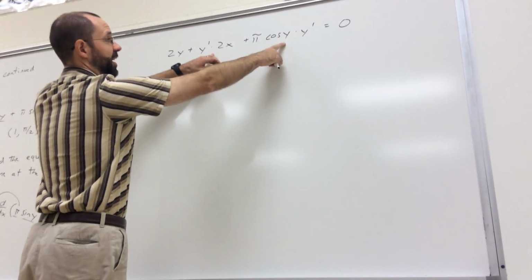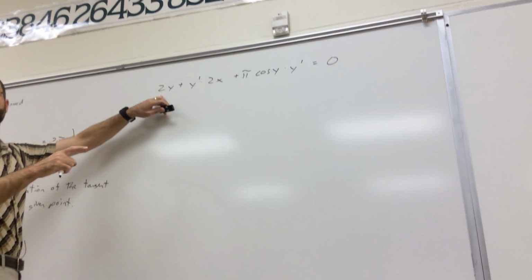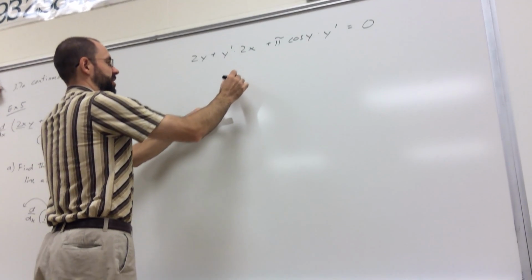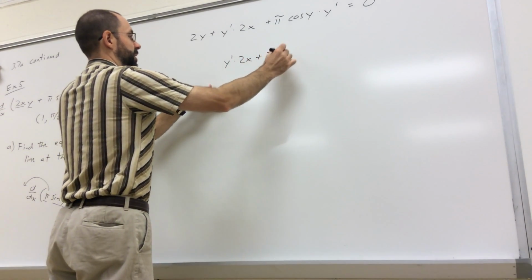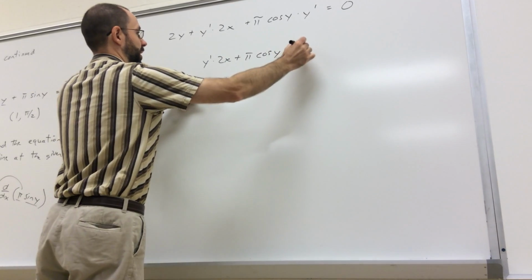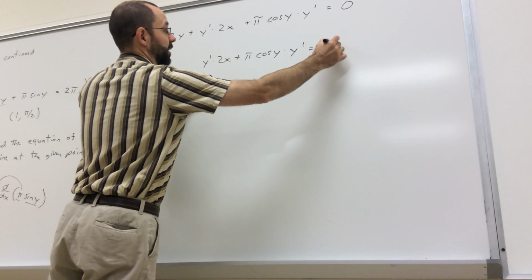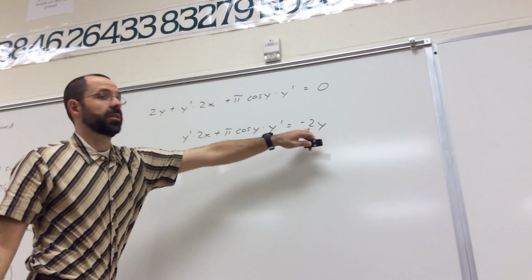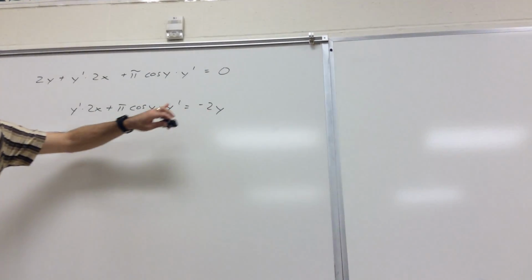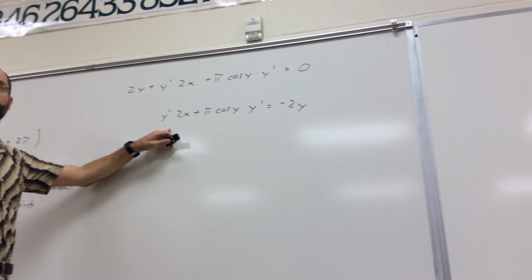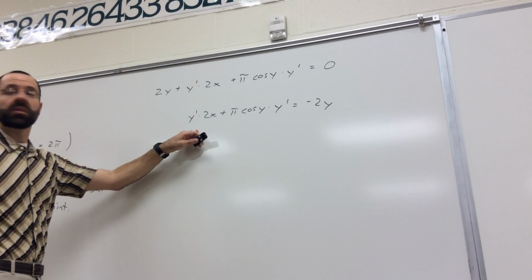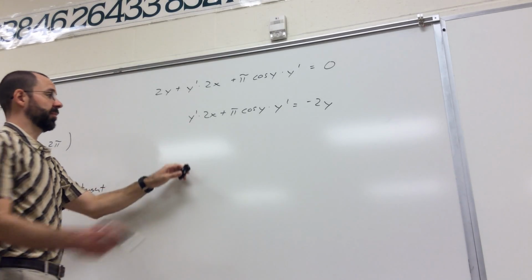Okay, so let's see. This has a y prime, that has a y prime. This is the only one that doesn't, so I'm going to move it over there. So that'll be y prime times 2x plus pi times cosine of y times y prime equals negative 2y. So just subtracting that to the other side. And then I can factor out a y prime.